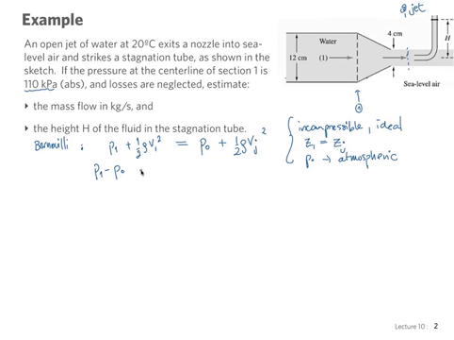So P1 minus P0 is equal to, I could write it, 1/2 rho times V jet squared minus V1 squared. So far so good? What would you do now?